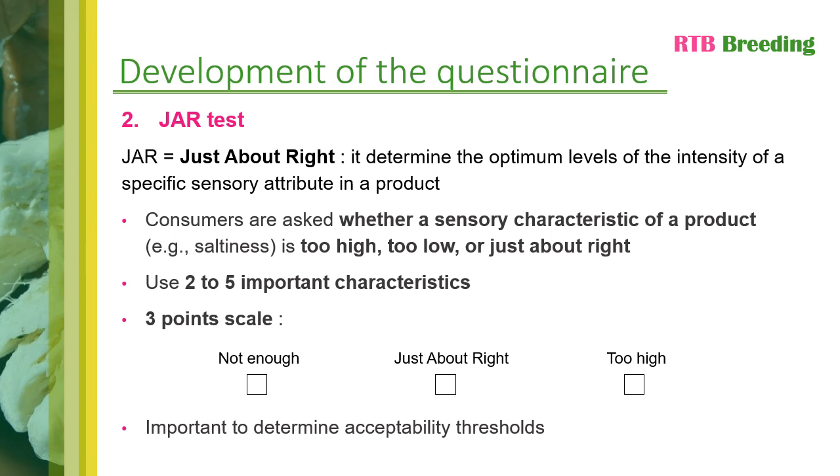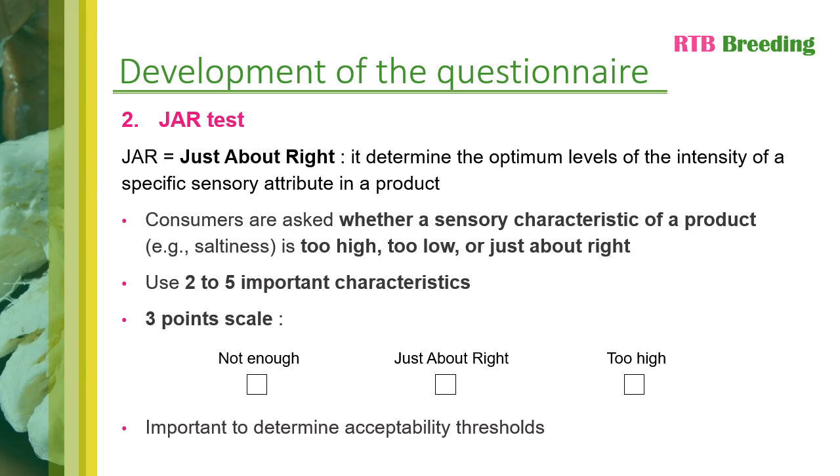Consumers are asked whether a sensory characteristic of a product, for example firmness, is too high, too low, or just about right for them. For this part of the questionnaire, it's important not to select more than 4 or 5 quality traits, so this amounts to having 4 or 5 JAR questions per sample. In the RTB Breeding project, we use a 3-point scale.